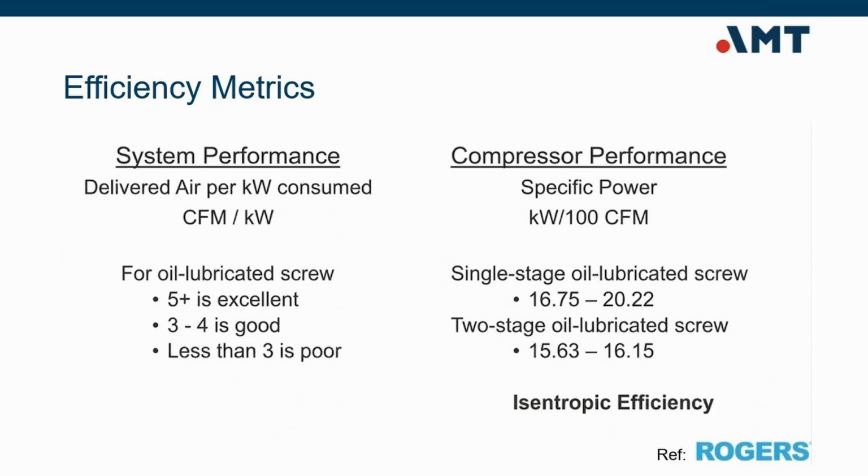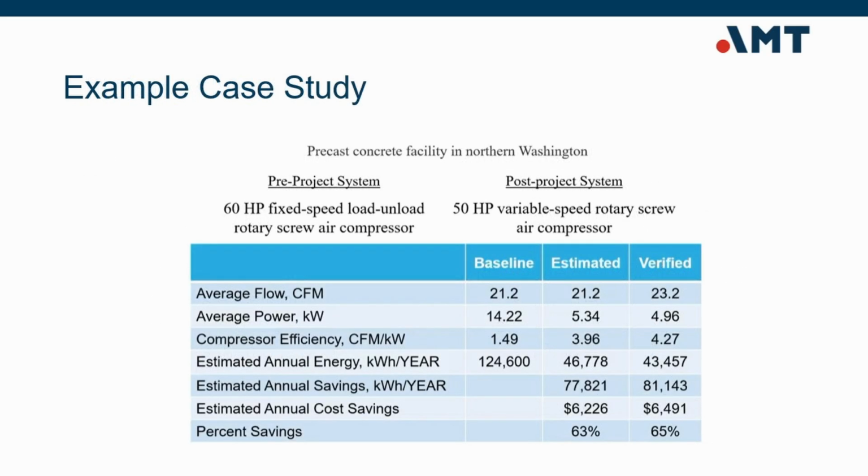Now let's see what these principles look like in a real facility. This slide shows an example case study from a precast concrete facility in northern Washington. Before the project, the facility was operating a 60 horsepower fixed speed load/unload rotary screw compressor. Like many facilities, they were experiencing common issues: higher than necessary pressure set points, frequent cycling, meaningful air leaks, and limited system monitoring.